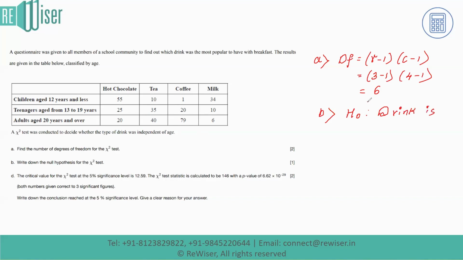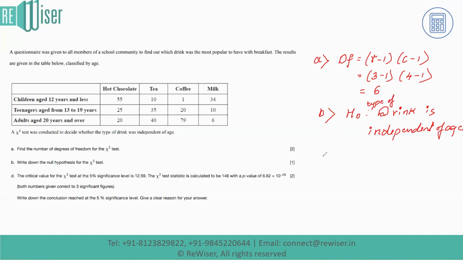To be more specific, we can say the type of drink is independent of age. The alternate hypothesis, they did not ask us, but in case they had, it would be that the type of drink is not independent of age.